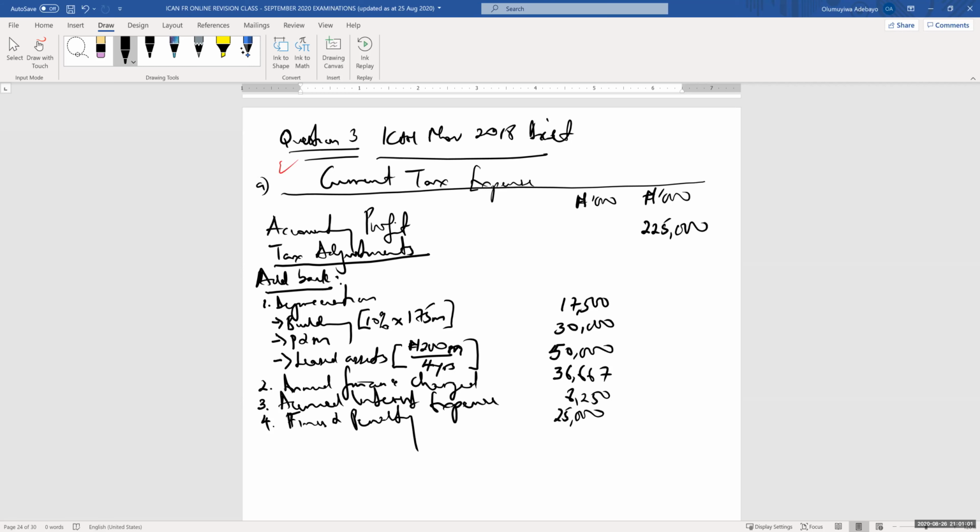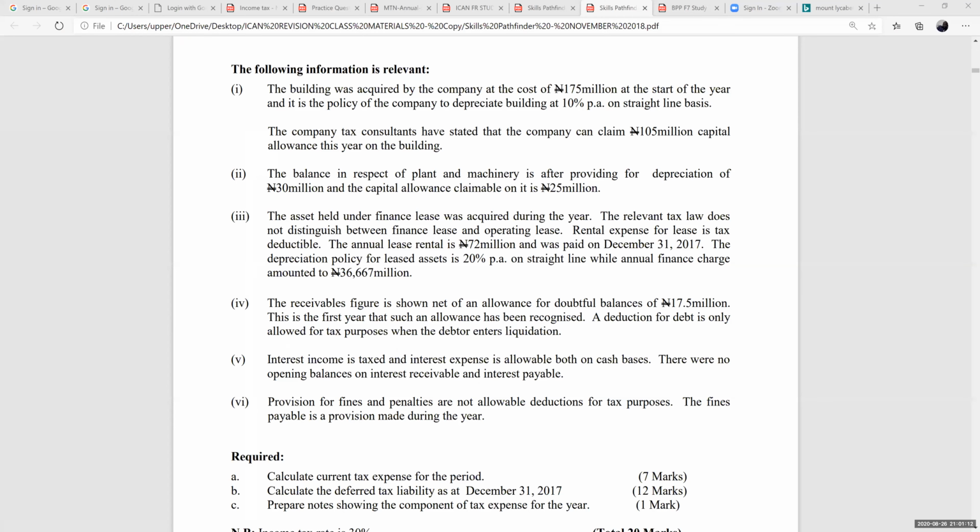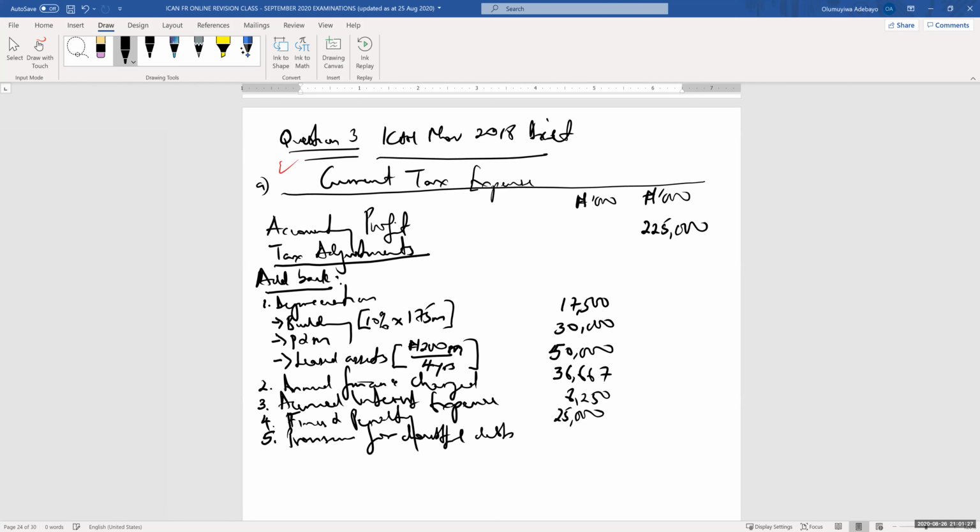A deduction for debt is only allowed for tax purposes when the debtor enters liquidation. And remember, when you make provision, it's not a specific bad debt. Therefore, it's not allowed for tax purposes. In that case, what do we do? We add back provision for doubtful debts. How much is that? 17,500.